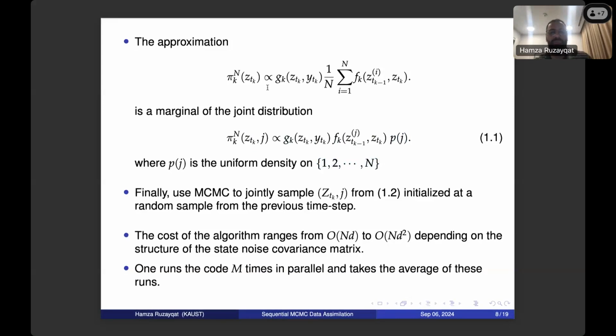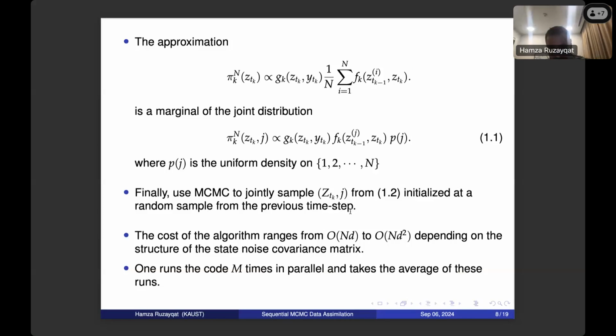And why am I saying this is a marginal? If you take the summation over j, then you go back to the original distribution, the approximation here. Then you run MCMC to sample this pair, initialized at some random sample from the previous time step.